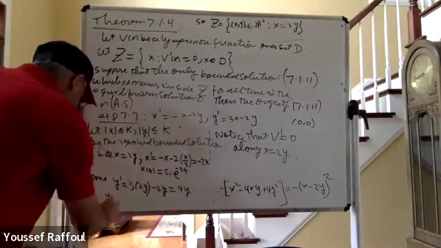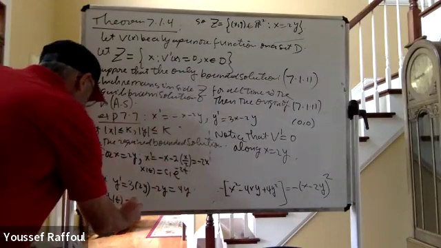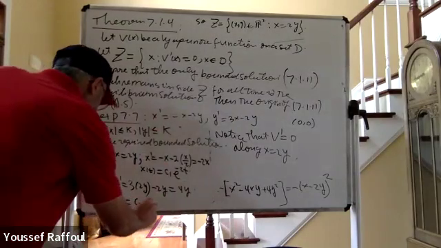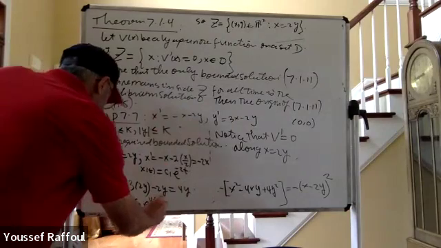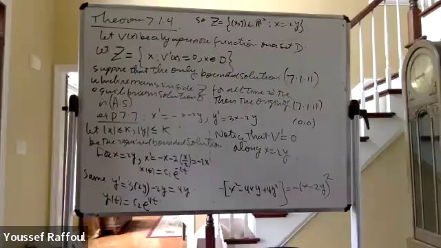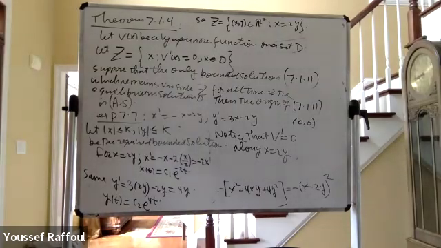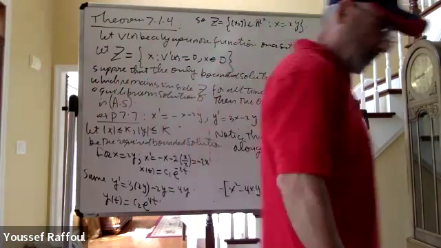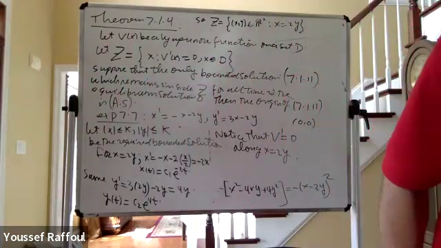And the solution y of t is c2 e to the 4t. Okay? Clear?